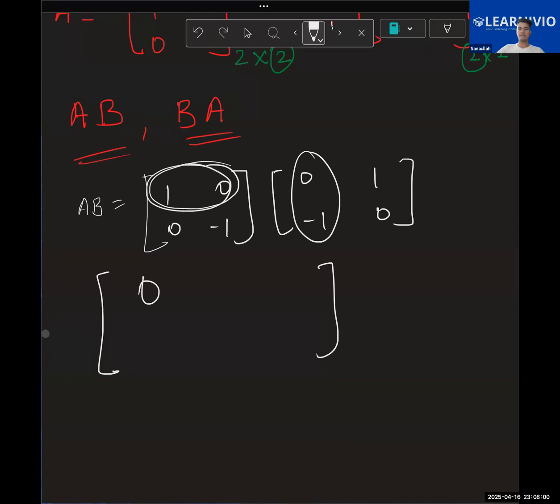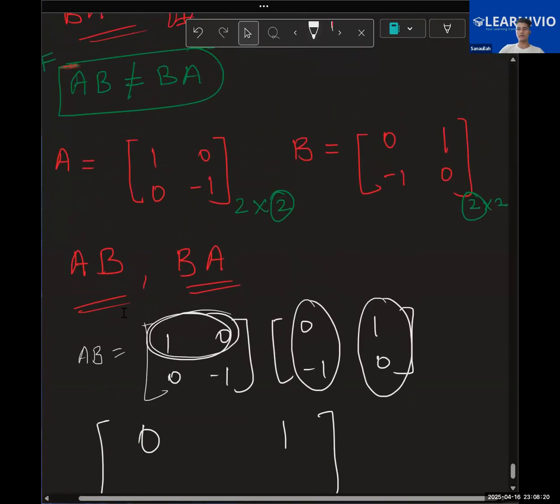Now this and this one: 1 into 1 is 1 plus 0 into 0, that is 1. और इसको करोगे तो 0 into 0 is 0, minus 1 into 1, that is, hold on, I think this is equal to 1.